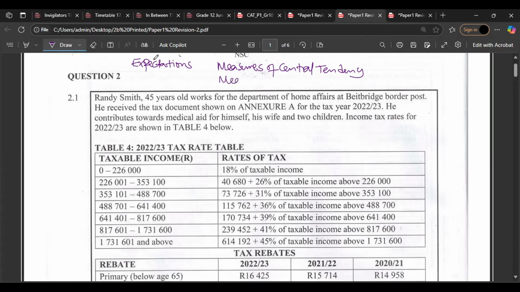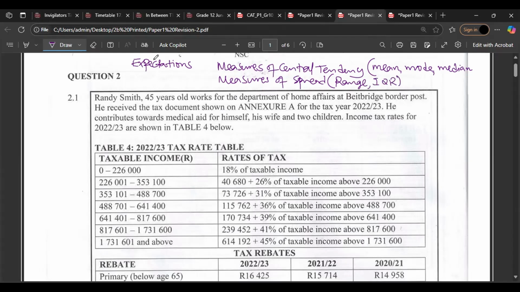Measures of central tendency, we mean mean, mode, median. Then spread, we have range. Then we have the IQR.